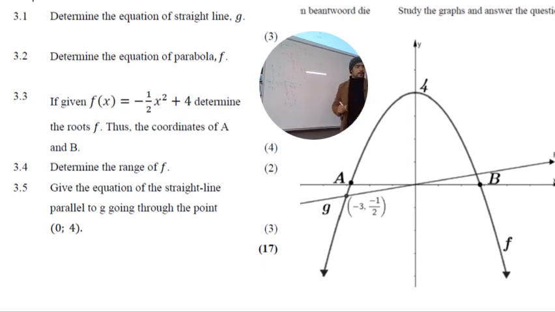I want to solve for x. So I'm going to take this over, it becomes positive: a half x squared is equal to 4. I'm going to divide on both sides by a half. If I divide here, I get x squared. If I divide 4 by a half, well then it's 8. Great stuff.